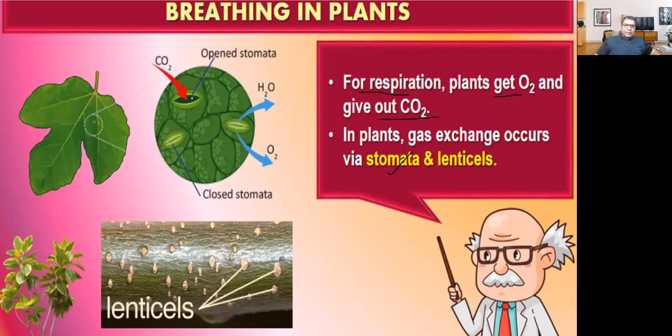On the leaves there are tiny pores called stomata. These are the sites of gaseous exchange. Carbon dioxide comes in and oxygen is released during photosynthesis, and during respiration, oxygen comes inside and carbon dioxide is released.